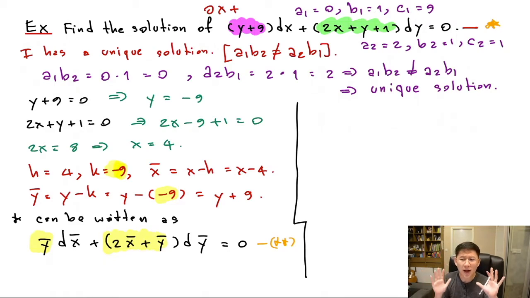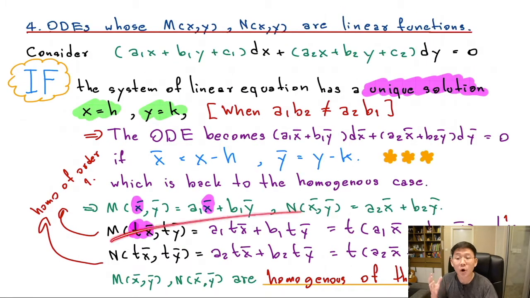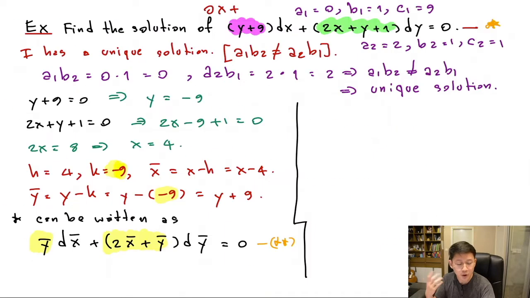I'm not gonna show that because we have shown that here already, right? They always become homogeneous functions of order 1 because these are linear and there are no constant terms anymore. They are not c1 and c2 anymore.